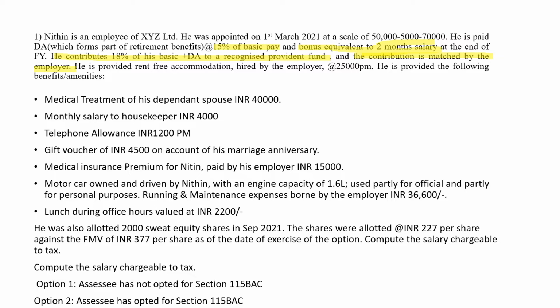Then a motor car is owned by Nitin with an engine capacity of 1.6 liters, used partly for official and partly for personal purposes. Here the maintenance and expenses are being borne by the employer itself. So the engine capacity here is 1.6 liters and it is used partly for official and partly for personal purposes. These are the things we need to remember.